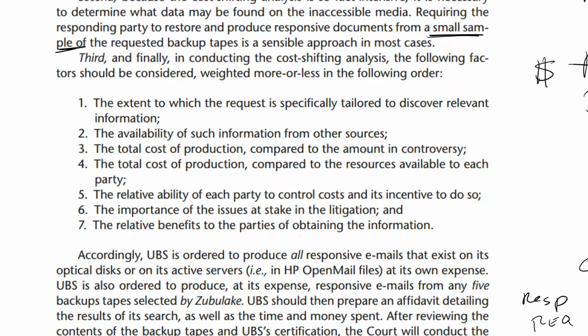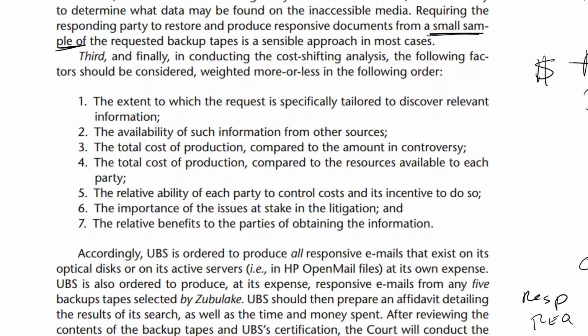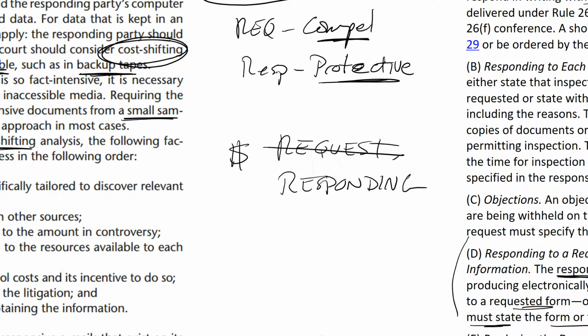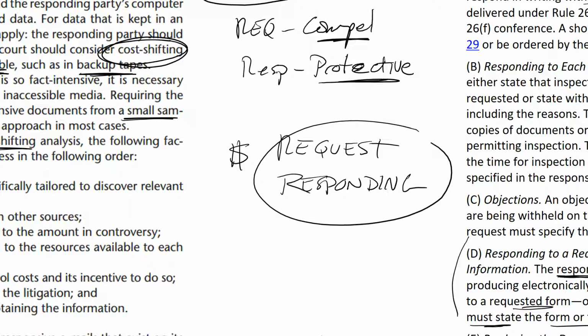Now, the court also considered a number of factors in weighing whether we could shift the costs. And by shift the cost, I mean not go by the normal rule where the responding party has to pay, right? Maybe we'll go to a rule where we're going to make the requesting party pay, right? Or maybe to a rule where we'll have them share in the costs somehow.